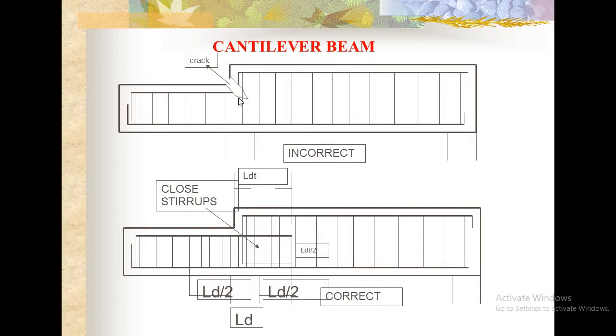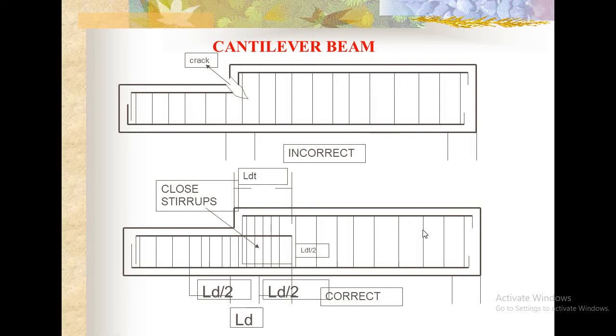If this is the incorrect layout of reinforcement, all the lateral ties are provided at equal larger spacing, but very near to the support, you need to provide such lateral ties very closer.